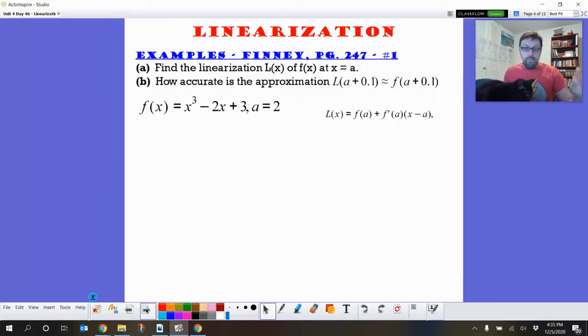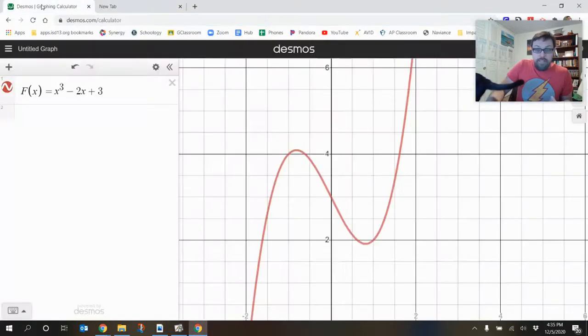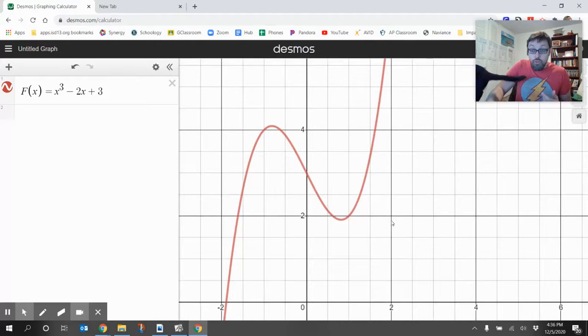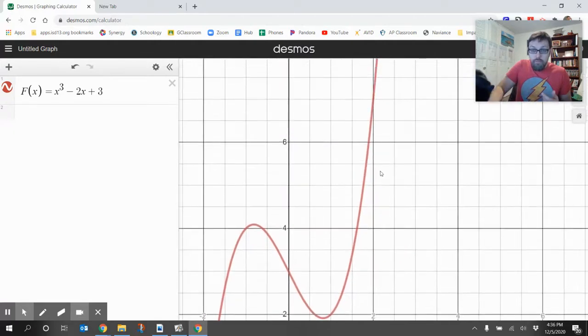And here's kind of what I mean. Here's our first example. I have this equation, f of x equals x cubed, and so on. This is a curvy line, but if I look at just x equals 2, am I able to turn that into a straight line? So I made a graph of this. Here is 2, and I want to look at the graph right at 2.